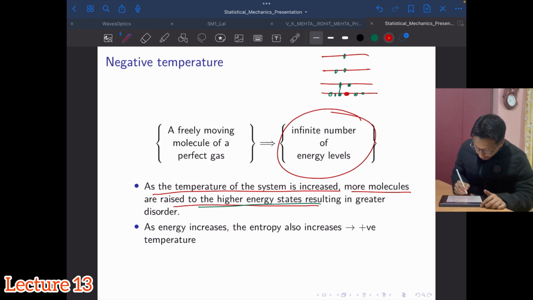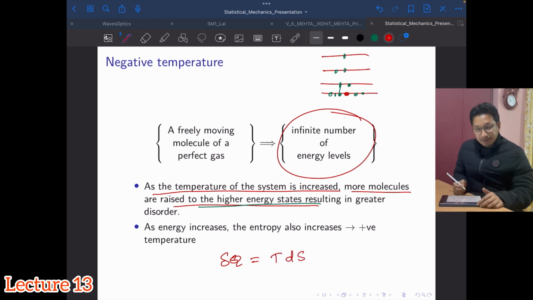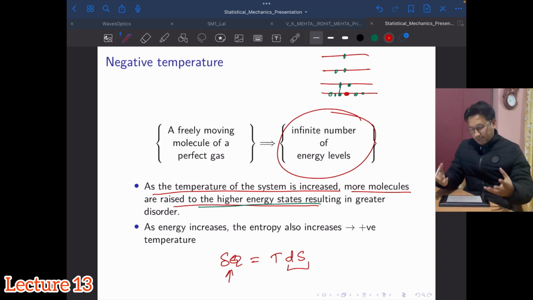So if you remember this thermodynamic relation, dq, or let me write del q because it's not a proper thermodynamic function, which we know is TdS. So this relation we are accustomed to. Even if you write internal energy dU equal to TdS, all these things. If I supply energy, in this scheme of things that we are trying to understand, entropy is increasing because the disorder is increasing.